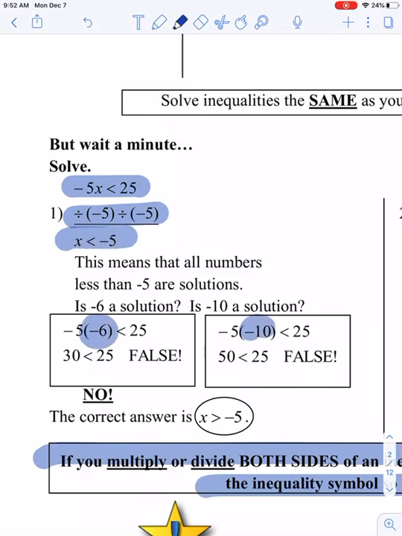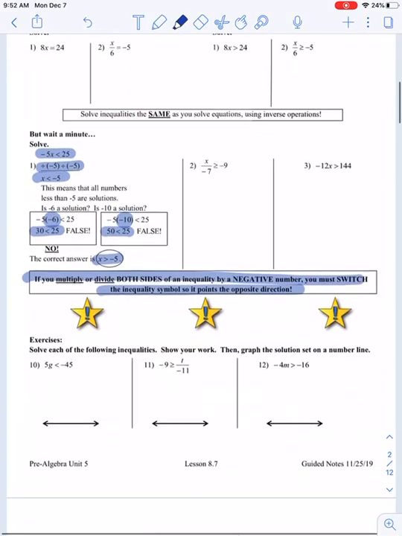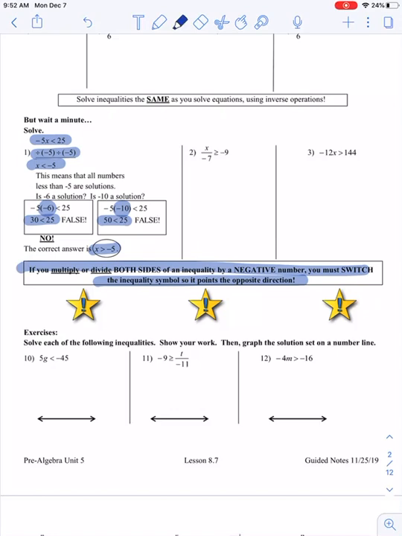Well, if you plug in a number that's less than negative 5, you'll notice your inequality does not stay true. If you flip it to x is greater than negative 5 and pick a number greater than negative 5, it will work out. But that's only if it's a negative and you're multiplying or dividing.